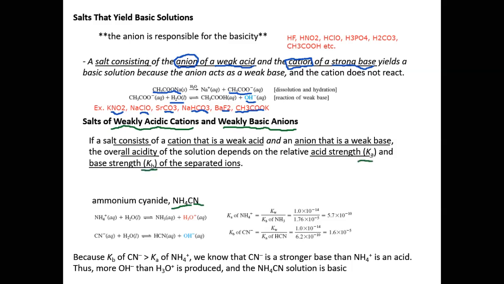And whichever one is larger tells you if it's going to be acidic or basic. So if the Ka of weak acid is larger than Kb of weak base, it'll be acidic.